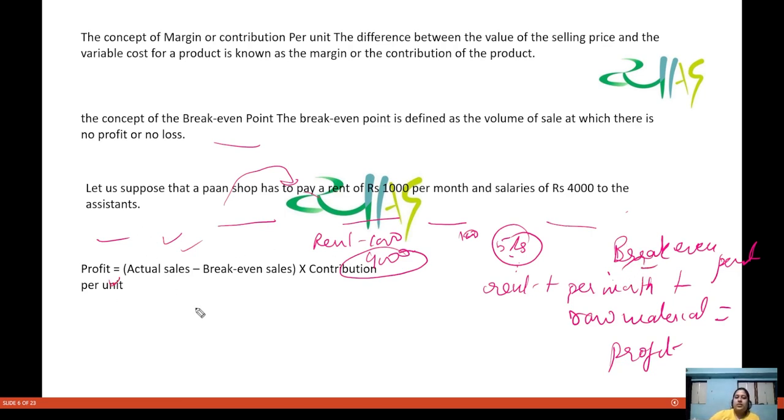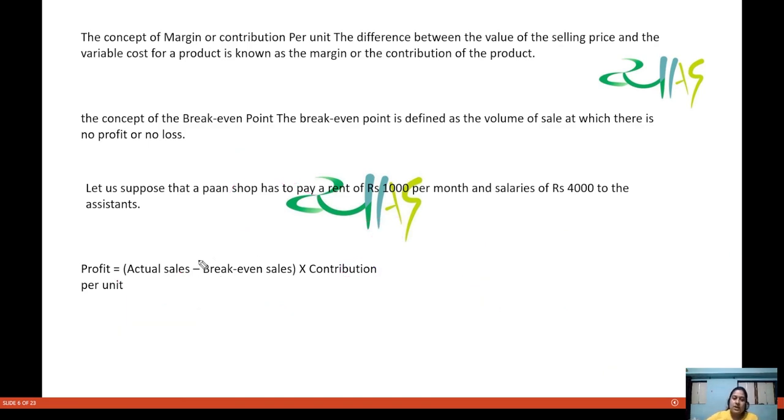Now actually, profit is what? Actual sales minus break even sales, into contribution per unit. In case of break even point, you have some actual sales and then you have some break even sales. Break even sale means that point at which you cover whatever you are spending, this rent, this salary and everything.